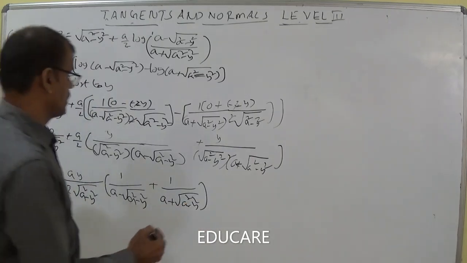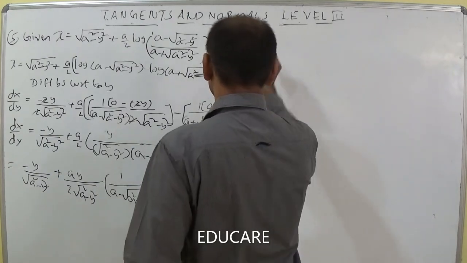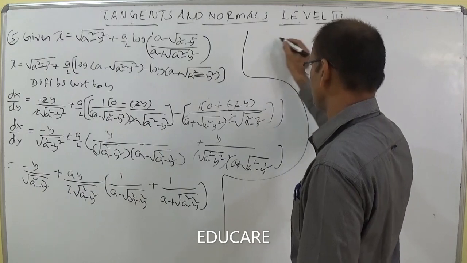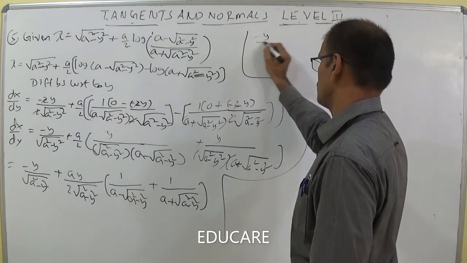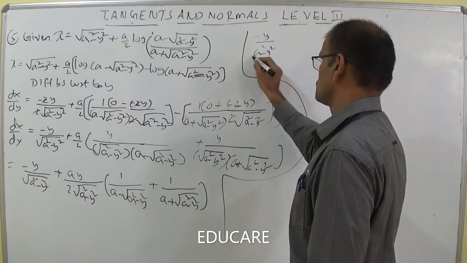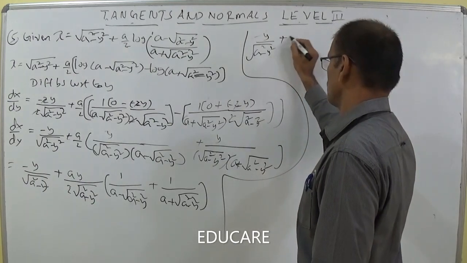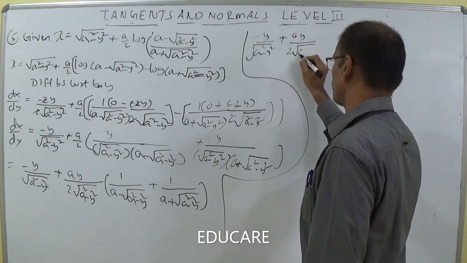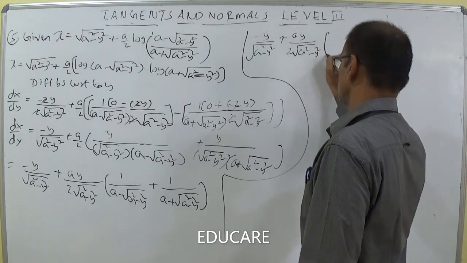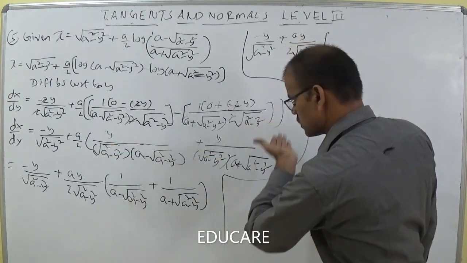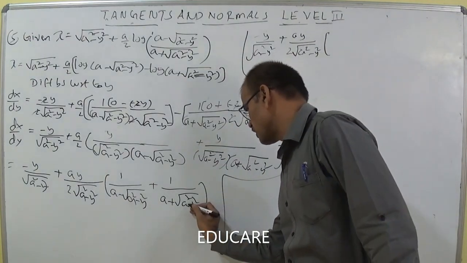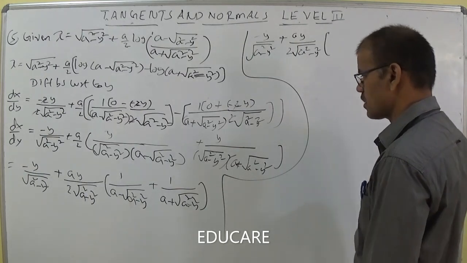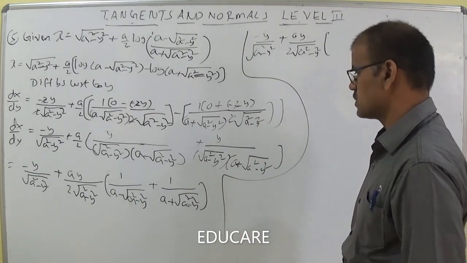Next, take the LCM. It becomes minus y by root of a square minus y square plus ay by 2 root of a square minus y square into, this term and this term taken this side, it can be written as a plus root of a square minus y square plus a minus root of a square minus y square.